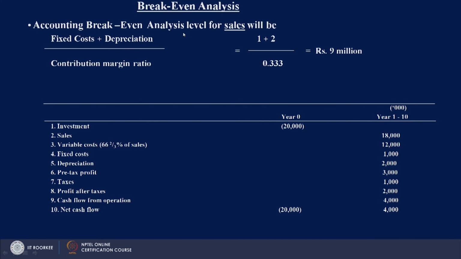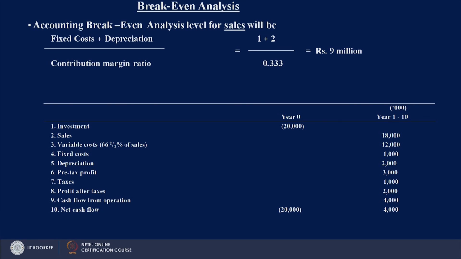So, for break even analysis, sales equals fixed cost plus depreciation divided by the contribution margin ratio. What is the contribution margin ratio? It is 33.33%, and we calculated it from the ratio of variable cost to sales.